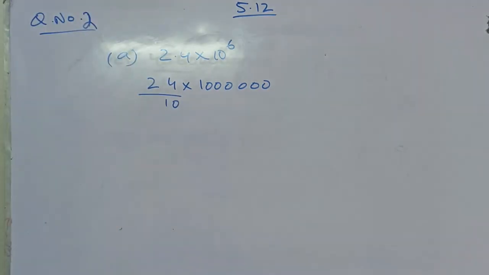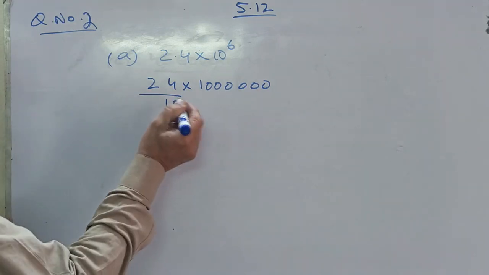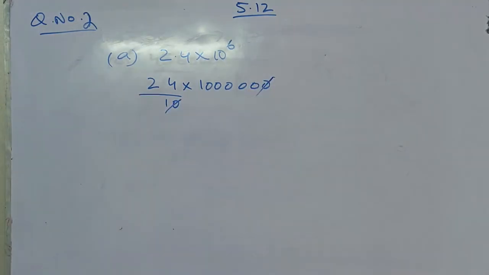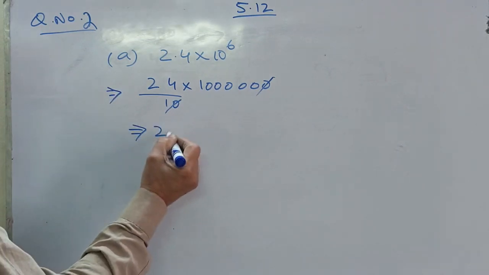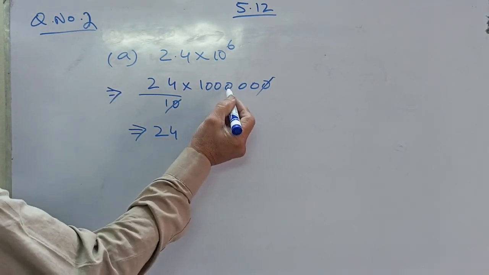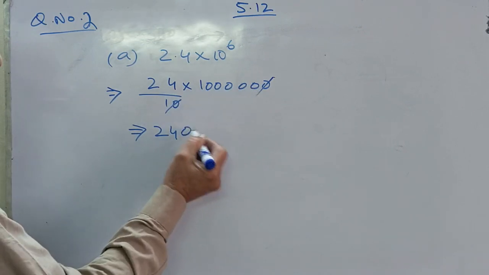Now you have to remove this point. Now, what is the result? You will also cross this zero with this zero. Now 10 one times and 1 zero is gone. It will become 24 with 1, 2, 3, 4, 5 zeros.